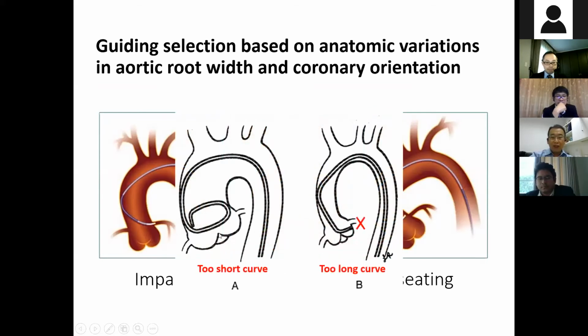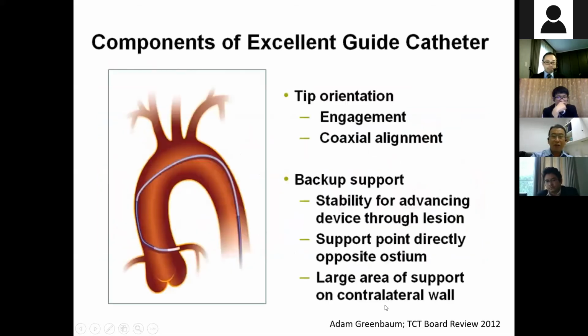If the curve you choose is too small, the catheter will flip backward. But if the curve is too long, you cannot access the ostium of the target vessel. And a component of an excellent guiding catheter is the tip orientation. You need a good engagement of the catheter tip.